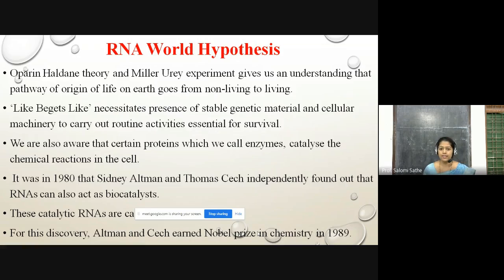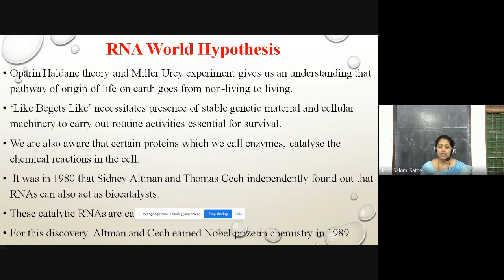We know that enzymes are catalysts. They enhance or accelerate the reaction.